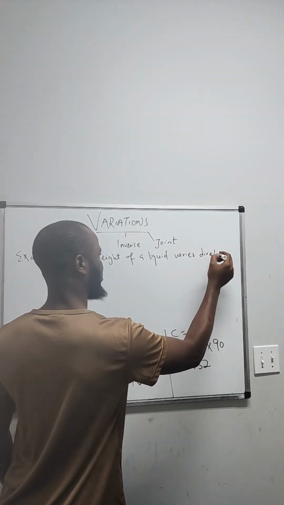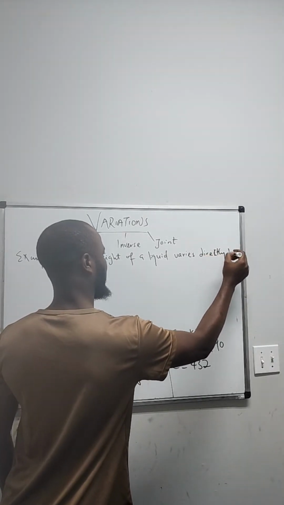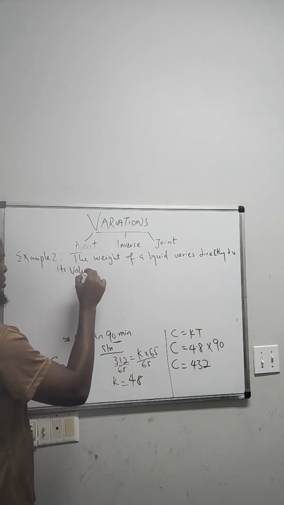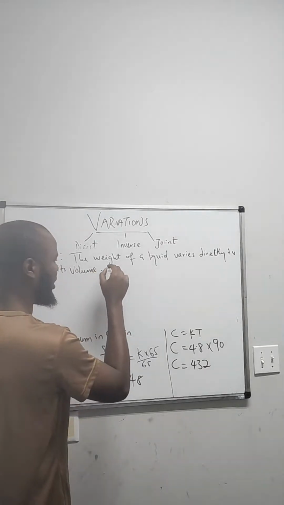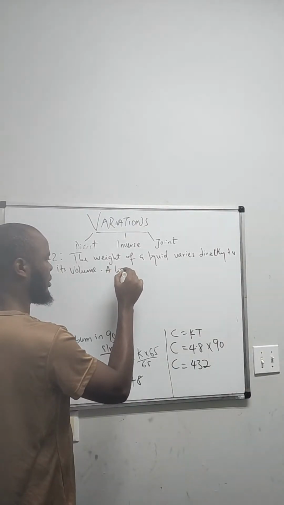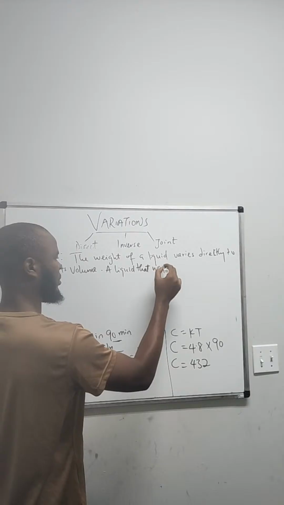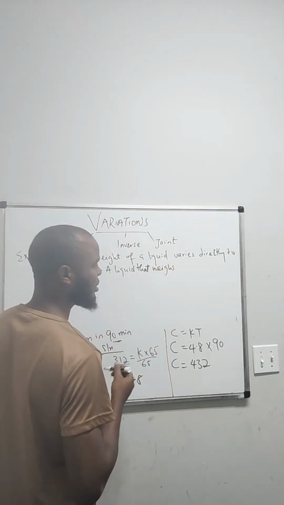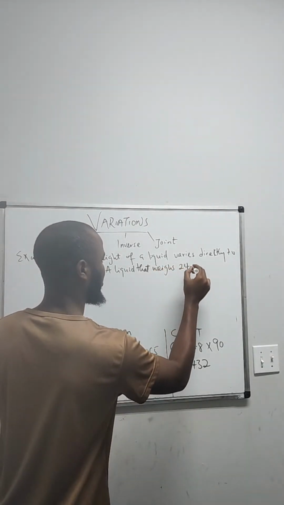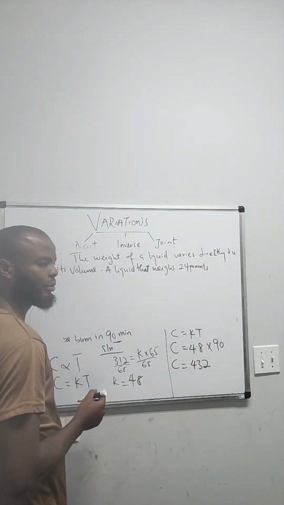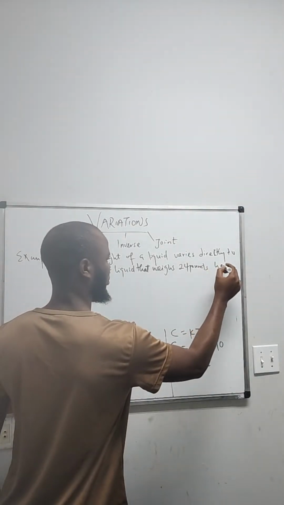A liquid that weighs 24 pounds has a volume of 4 gallons.